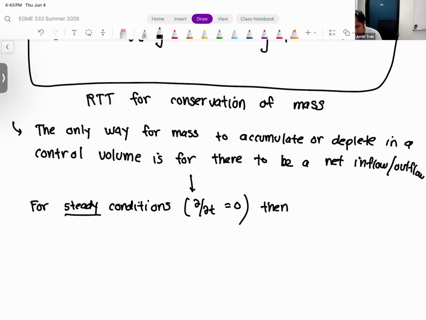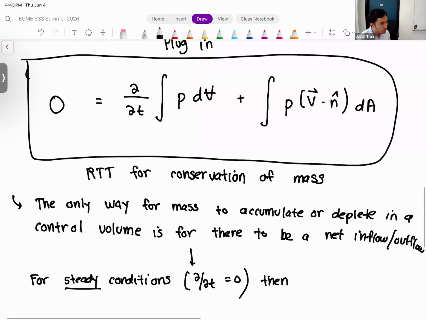Right, and so that accumulation term, right? Because the accumulation term is the only term in our equation here that has a time derivative.